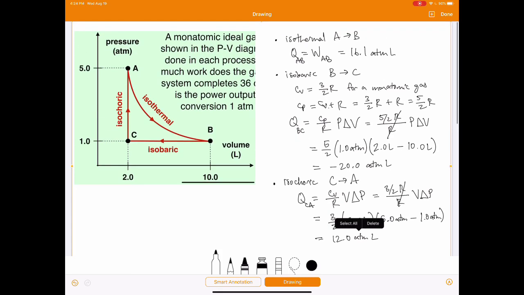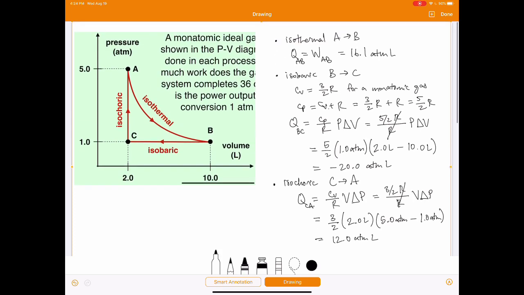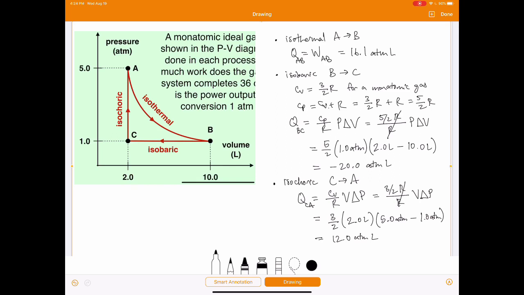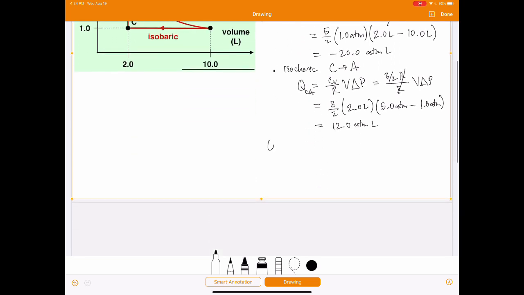Okay, so we used the formulas that were derived to calculate all of these different heats. So again, if you're wondering where these formulas came from, we derived them earlier. And now we can calculate the total heat, Q total. That's QAB plus QBC plus QCA.